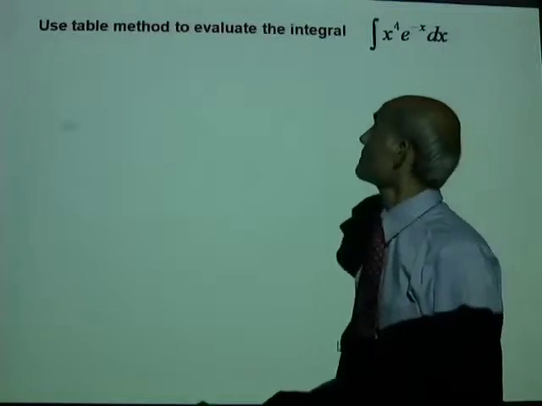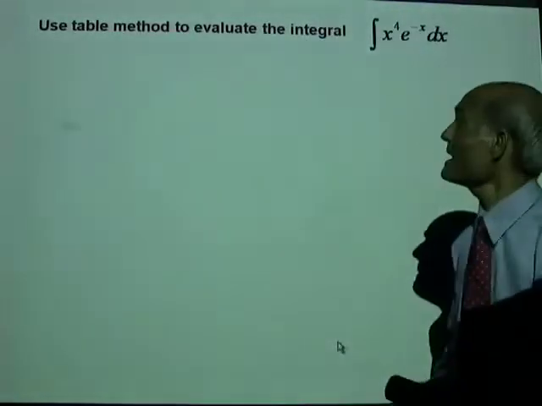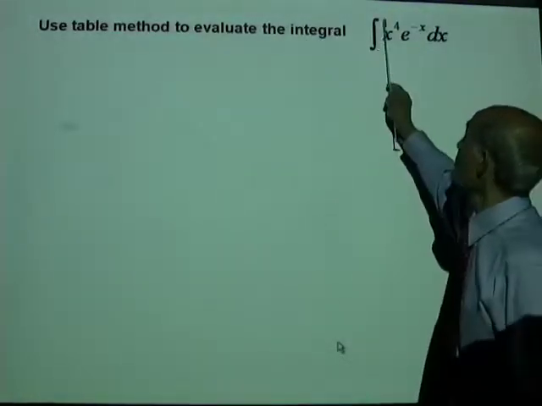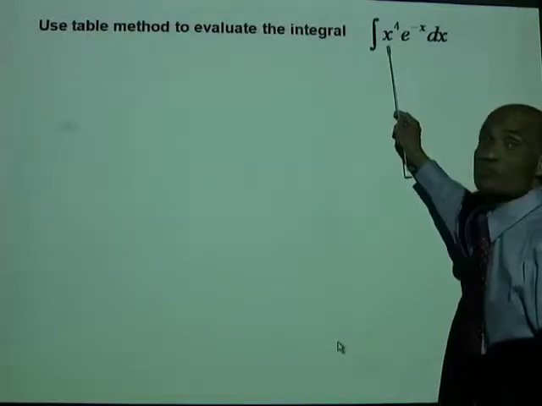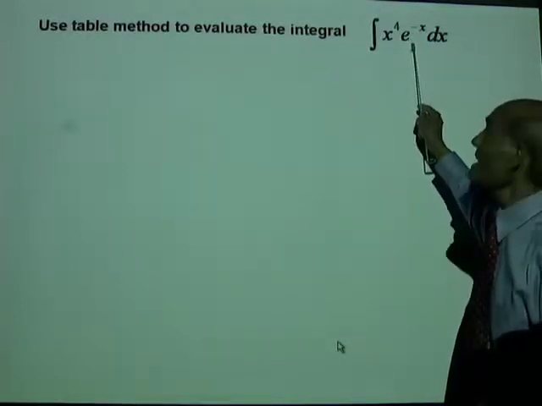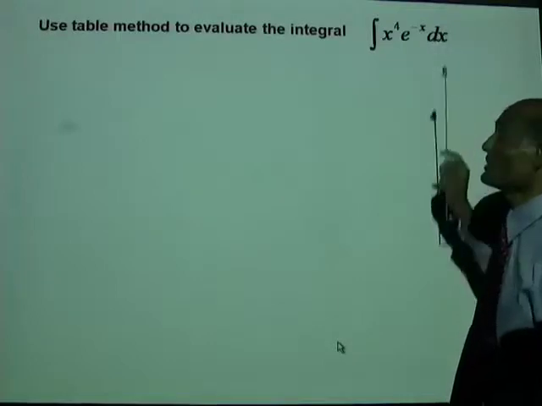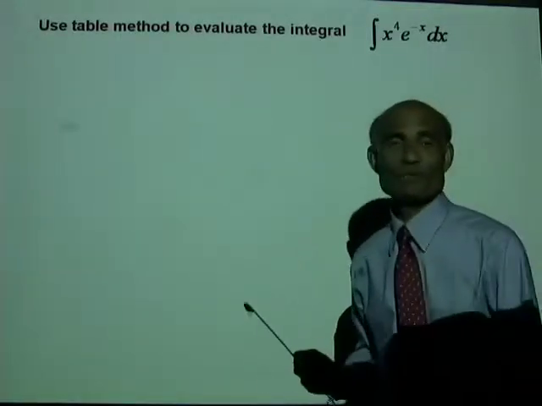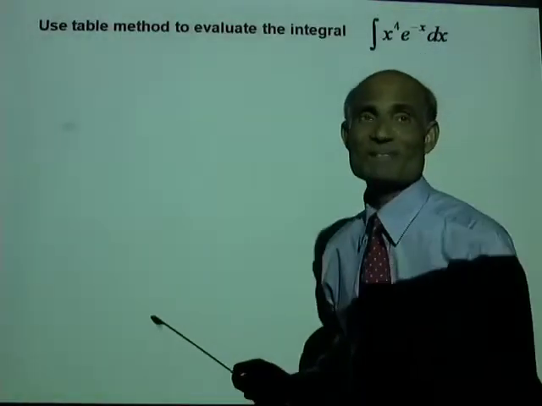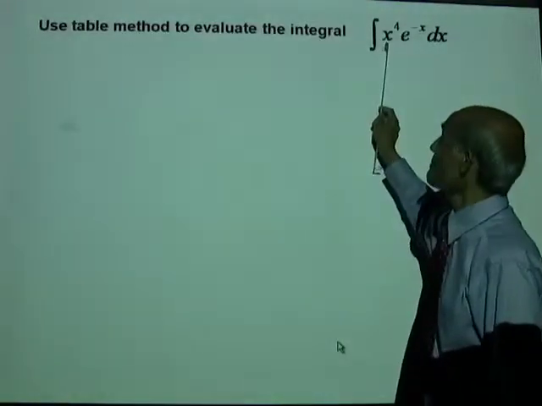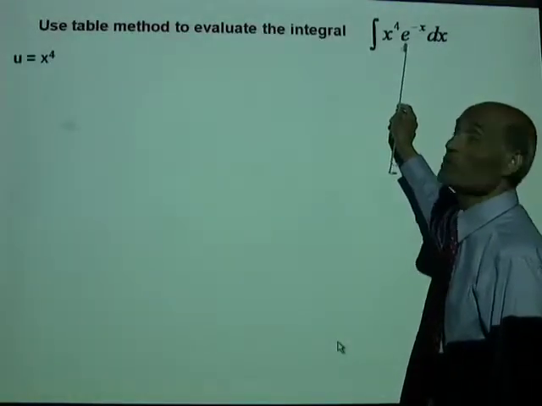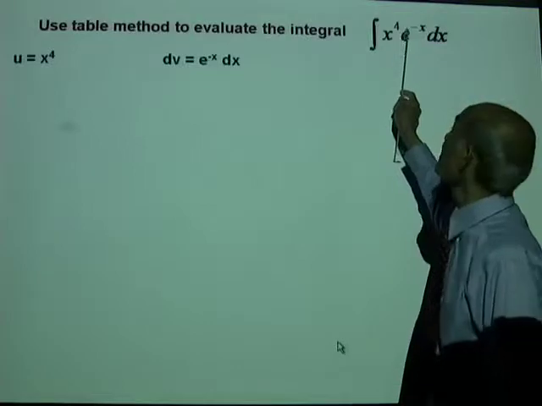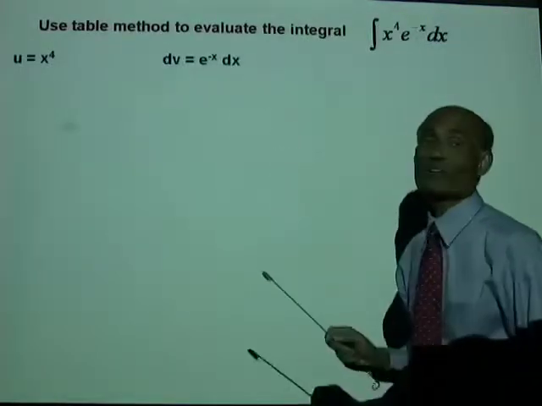Alright. Another one. Use the table method to evaluate the integral of x to the power of 4 e to the power of negative x dx. That must be easy for you now, is that right? Our u will be x to the power of 4 and your dv will be e to the power of negative x dx.